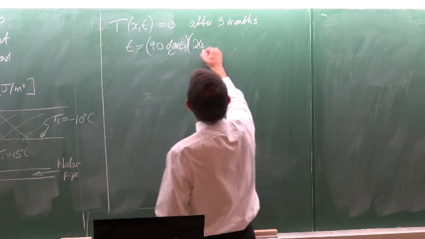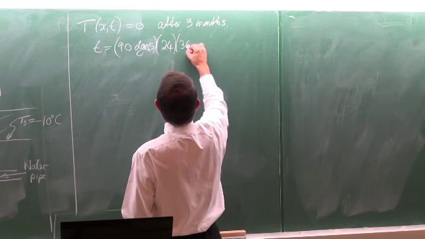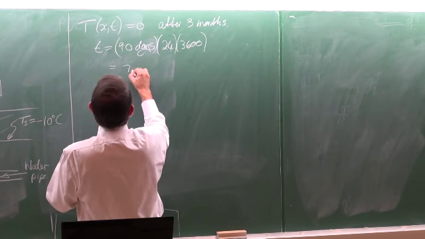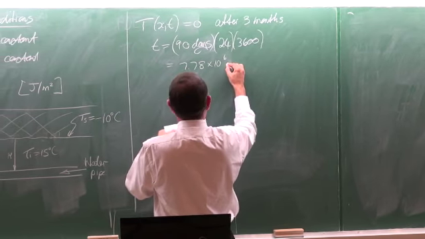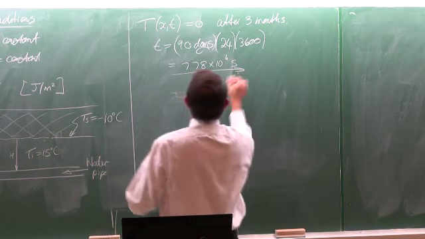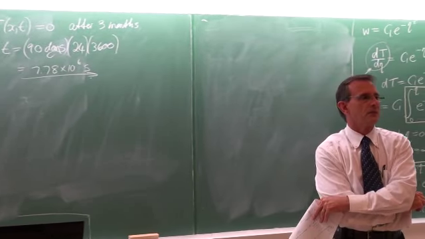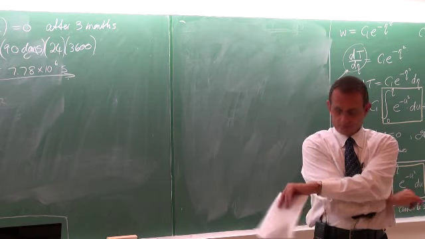Okay, there are 24 hours in a day, and there's 3,600 seconds in an hour, and that would give us 7.78 million seconds. So after about 7.8 million seconds, the temperature shouldn't be 0.